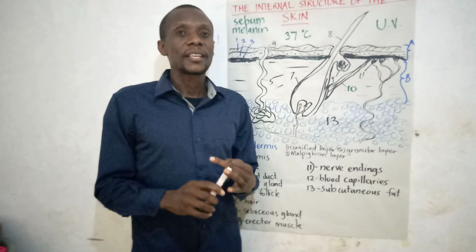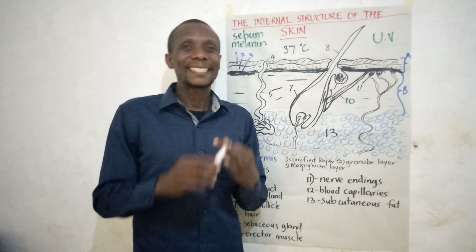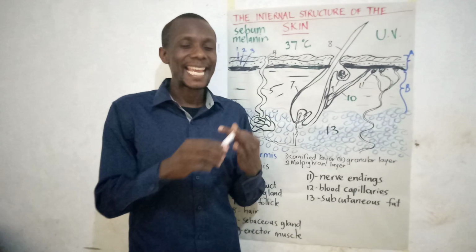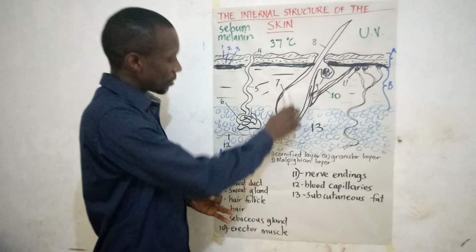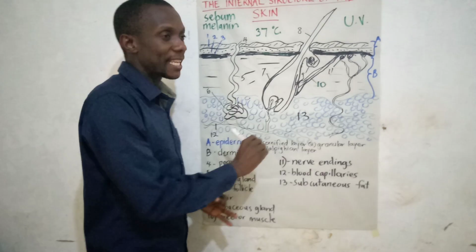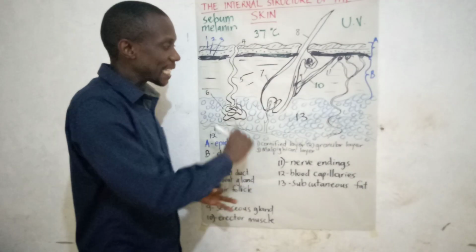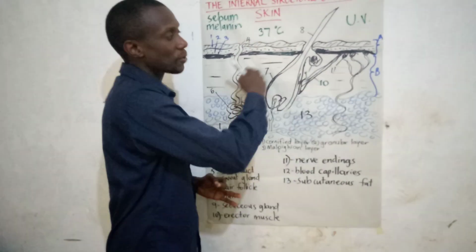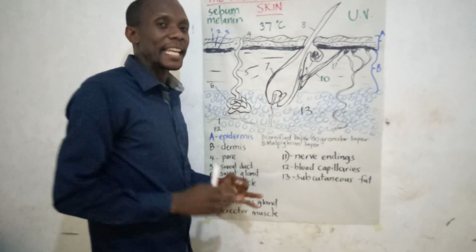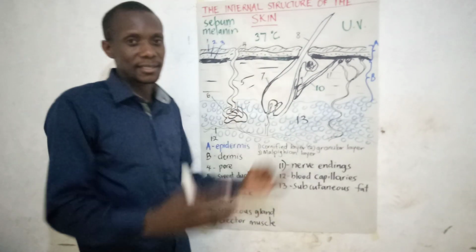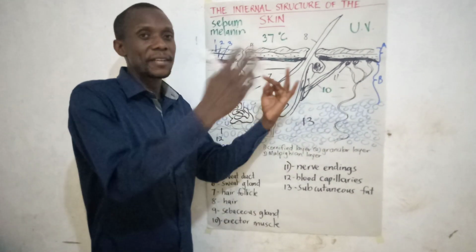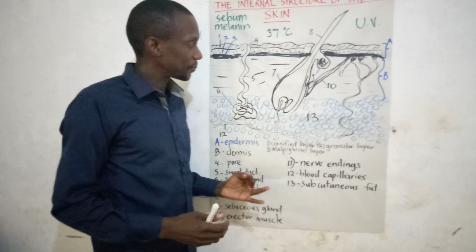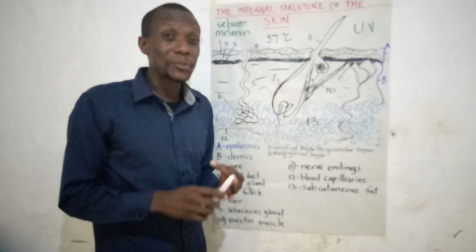Then 2, there's what we call vasodilation. The blood vessels that are beneath the skin widen so that they can increase the flow of blood close to the surface of the skin in order for some heat to be lost by either convection and radiation. That is the second one, vasodilation.